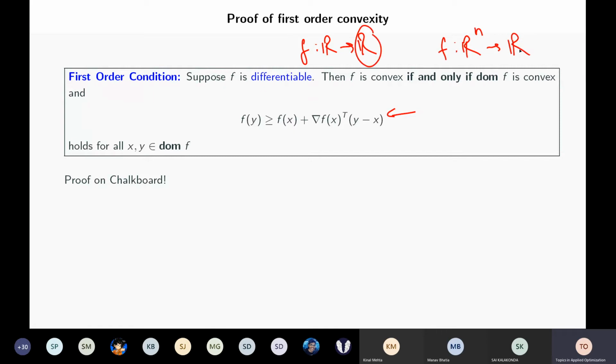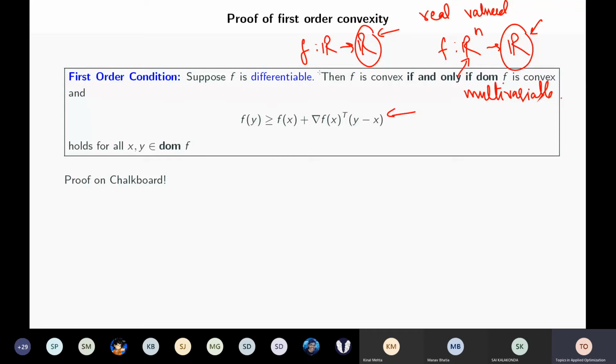Remember that for most of the cases that we will consider, the output will always be R, so it will be a real valued function, but possibly multivariable. These are the terminologies that people use.